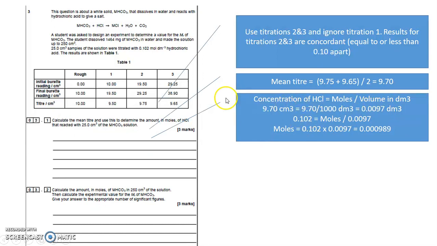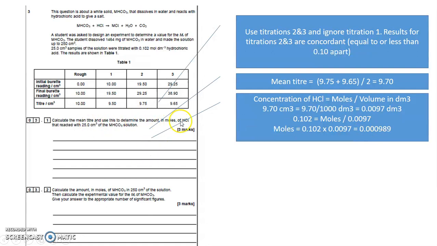Now concentration is 0.102 for hydrochloric acid. It tells you that in the question, equals moles divided by 0.0097. That's the volume in decimetre cubed. Multiply the two together, 0.000989 are the number of moles. And I've got it still to 3 significant figures.